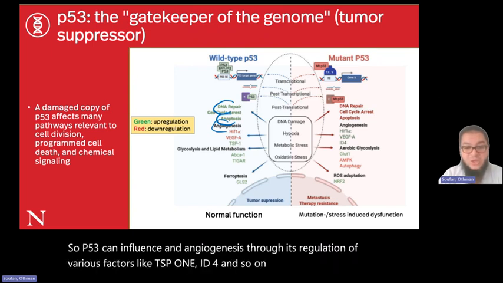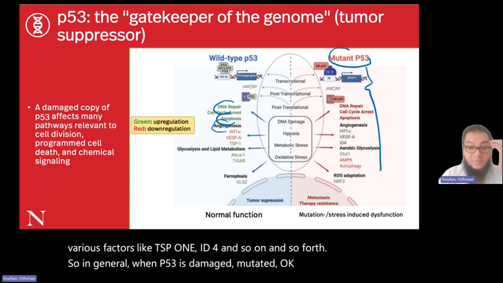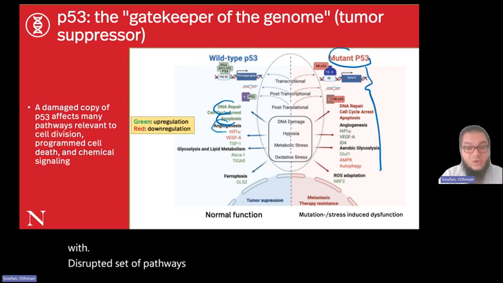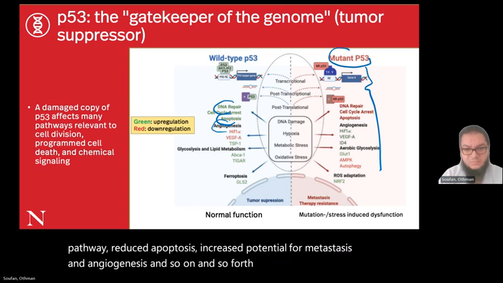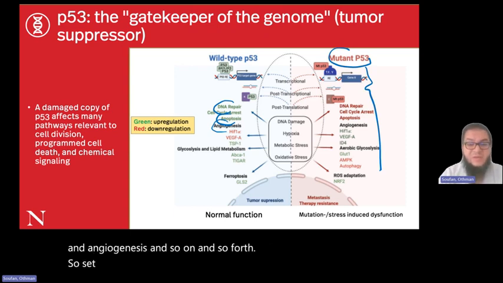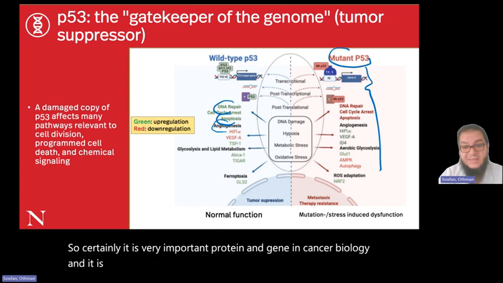In general, when p53 is damaged or mutated, we end up with a disrupted set of pathways. This can lead to uncontrolled cell growth, reduced apoptosis, and increased potential for metastasis and angiogenesis. So certainly it is a very important protein and gene in cancer biology, and a significant target for cancer research.